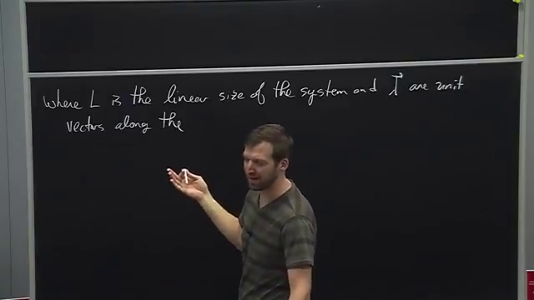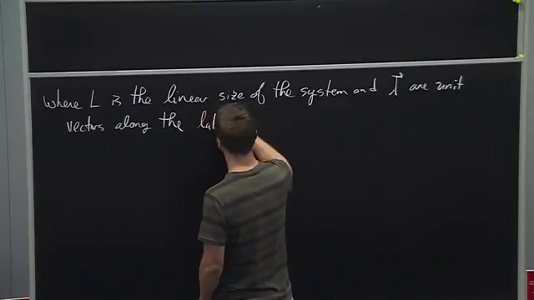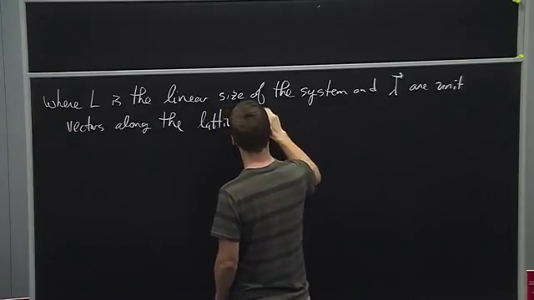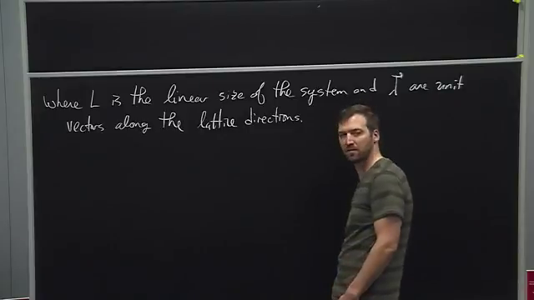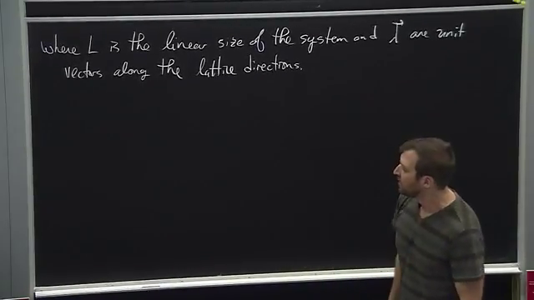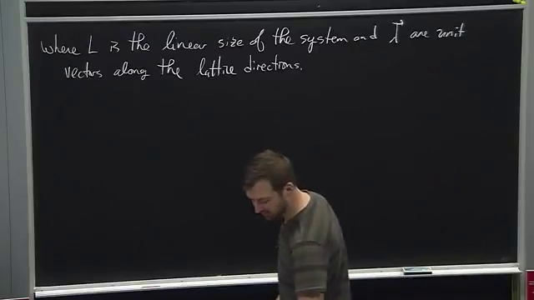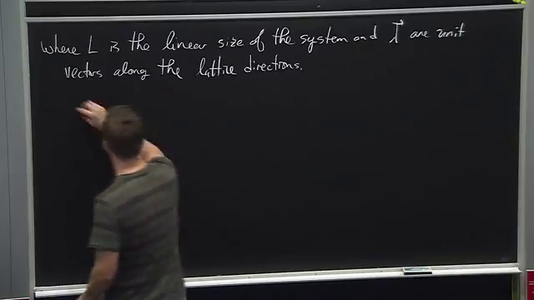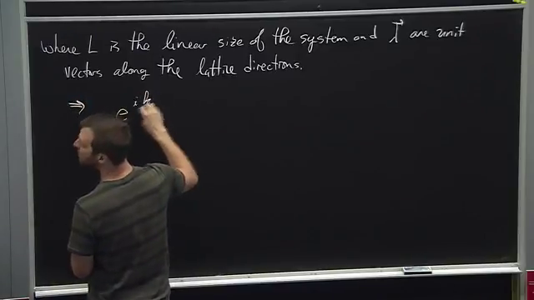Along the primitive lattice, whatever you want to call it, the basis directions, lattice directions. Okay? So, right, because of this periodicity, then e to the i, what do I got?